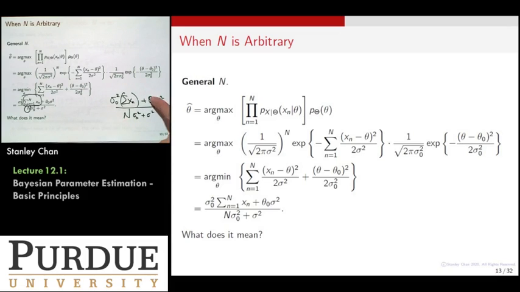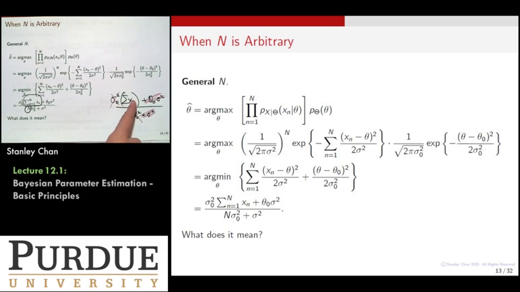What will happen? The influence of this term and this term will be gone. So now you can ignore these two terms when n is big. Then you have sigma 0 squared times this divided by sigma 0 squared times n. You can further ignore sigma 0 squared because it is common to both the denominator and numerator.